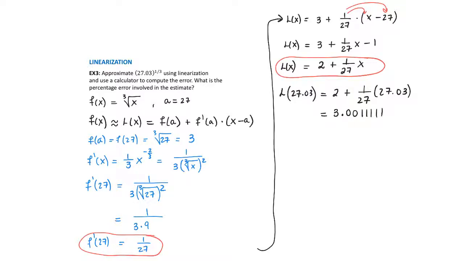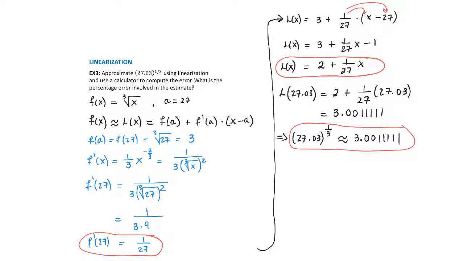There are how many decimal places here? 5, 6, 7 decimal places. You'll see why, because I want to calculate the error later on, so that's going to give us more accurate information. What is this telling us? This is telling us that 27.03 to the 1/3 is approximately equal to 3.0011111. Okay, so that's my approximation.